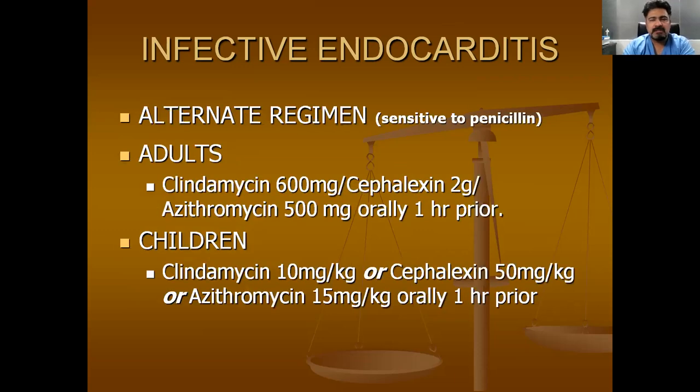Alternate regimen, if the patient is sensitive to penicillin, then clindamycin 600 mg, cephalexin 2 grams, or erythromycin 500 mg orally 1 hour prior to the surgery. In children, clindamycin 10 mg per kg or cephalexin 50 mg per kg or erythromycin 15 mg per kg orally 1 hour prior to the surgery.